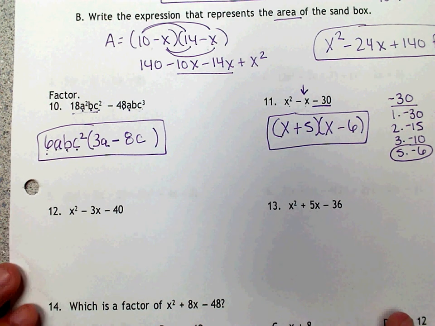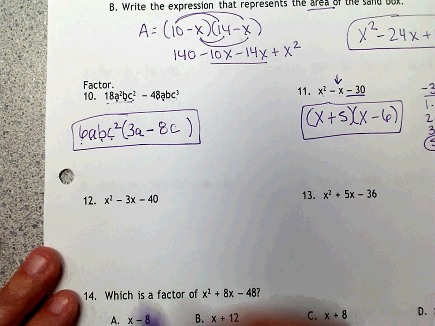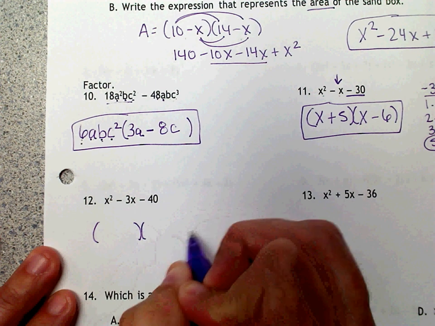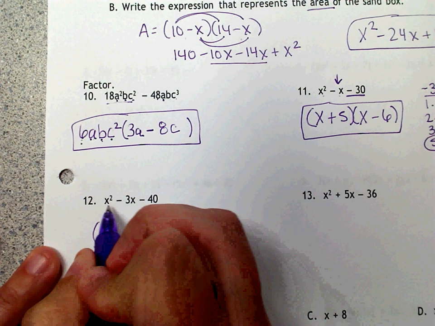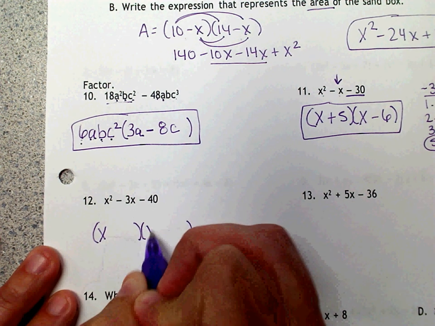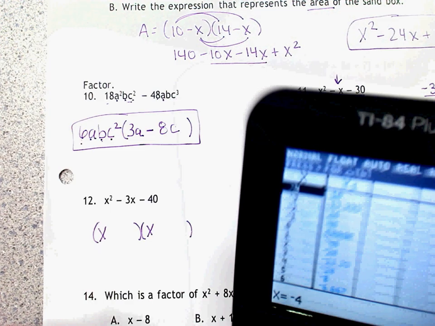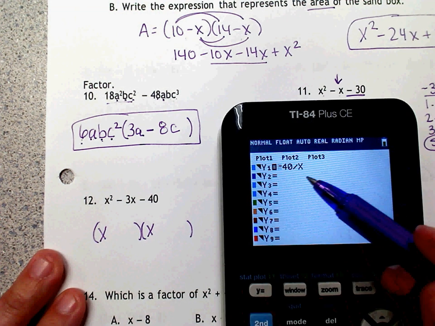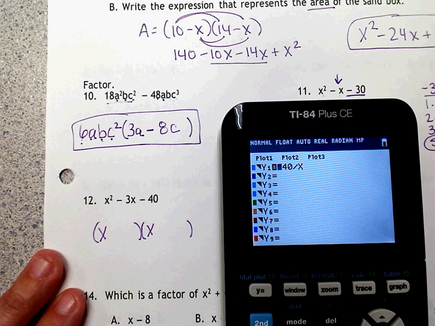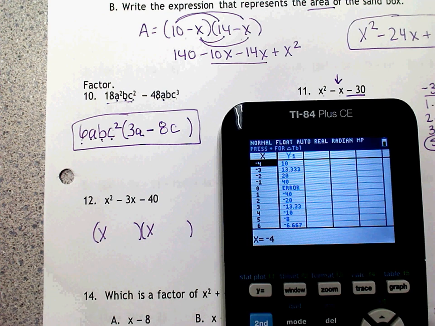Okay, number 12, we're going to do the same thing. We're factoring it into two binomials. So x squared is x and x. I'm looking for factors of negative 40. So I can go to my table, y equals, type in negative 40 divided by x, go to my table, and then you can list them.